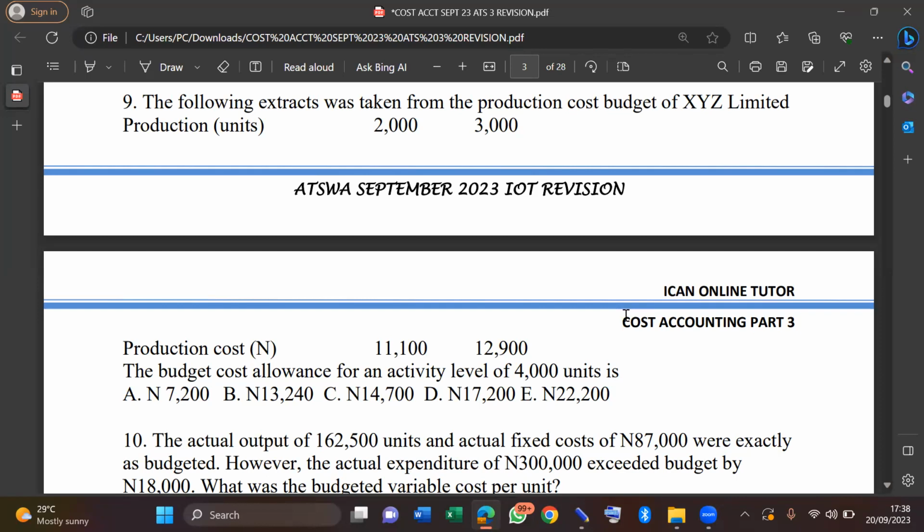What will be the budget for 4,000 units? 2,000 units gave us 11,100. 3,000 units gave us 12,900. What will be the budget for 4,000? Anybody?